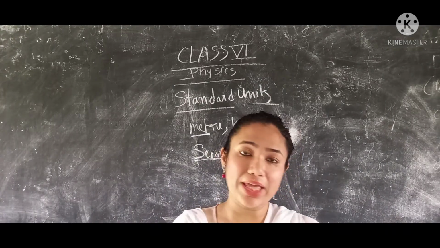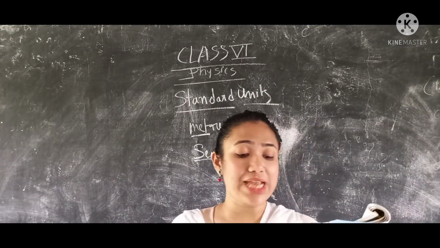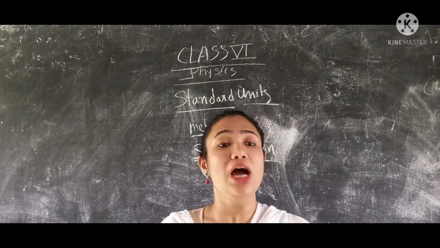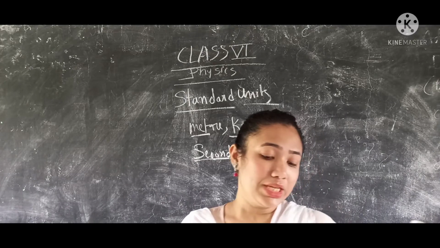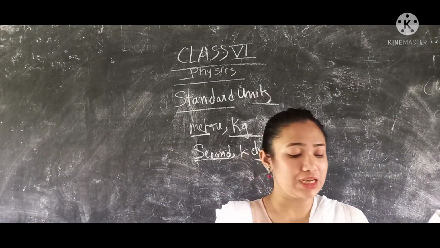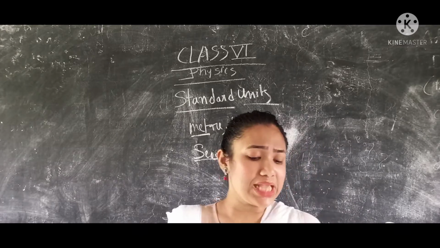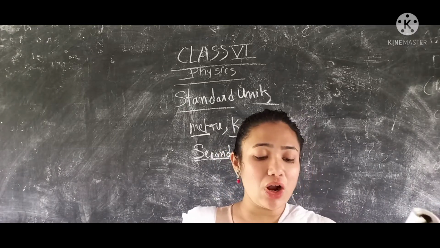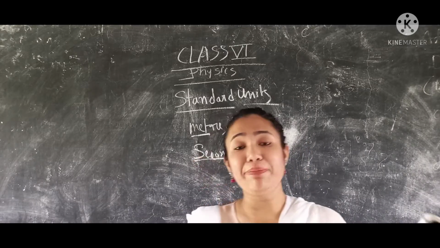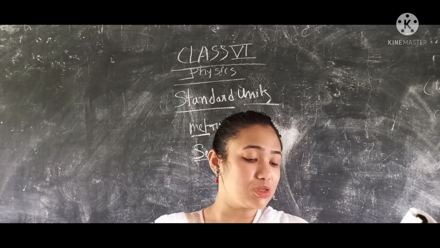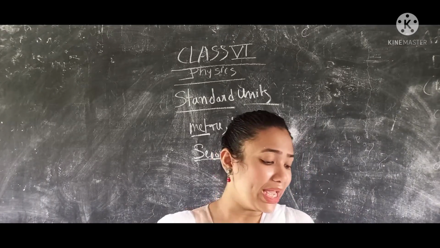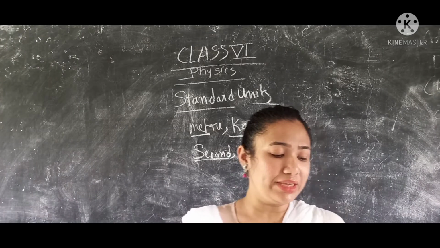SI units are the standard units and have been adopted universally to avoid confusion. The units that are used universally as base units of measurement are known as standard units. SI units can be made larger or smaller by multiplying or dividing them by 10 and multiples of 10.